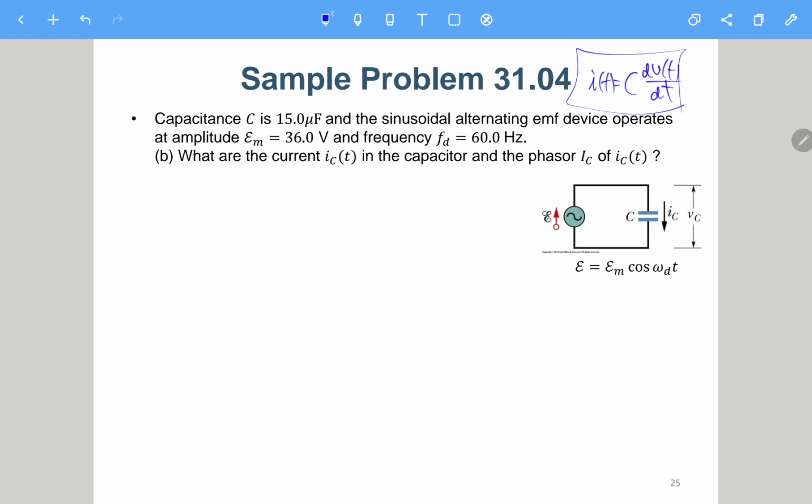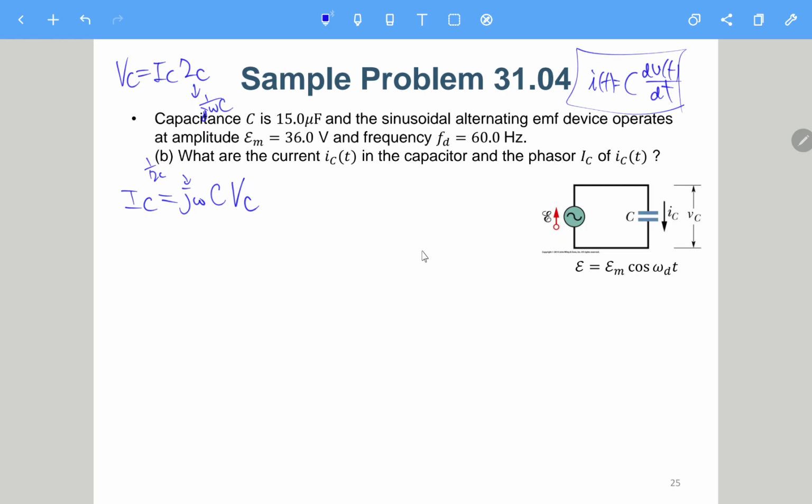So IC equals j omega C VC. This comes from 1 over Z, because VC equals IC times Z, and Z equals 1 over j omega C. So if you move it over, IC equals j omega C VC.